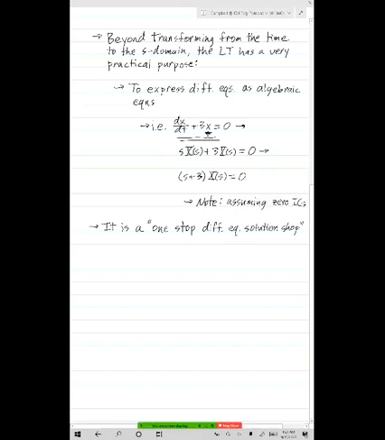And so what do I mean by a one-stop differential equation shop? It turns out that these transformations will do just about everything we want them to do.